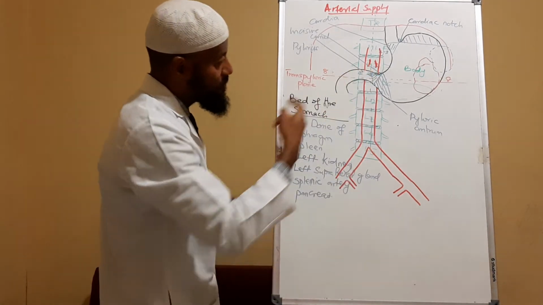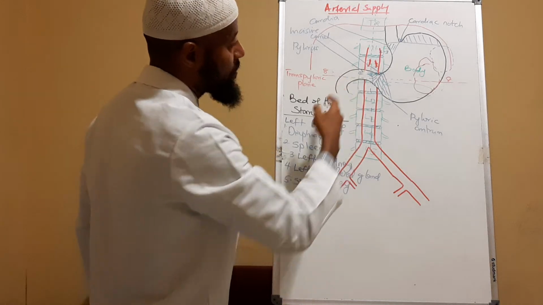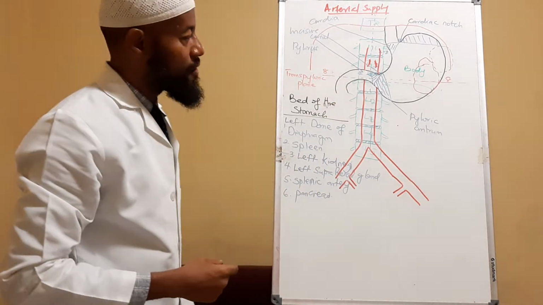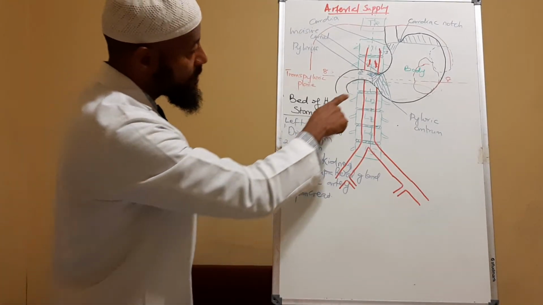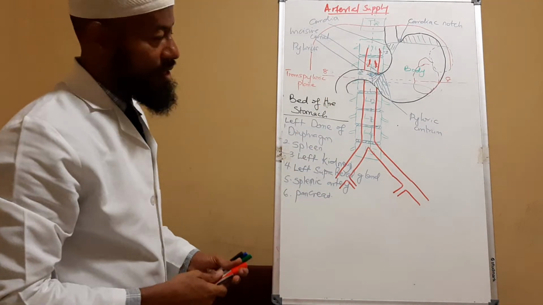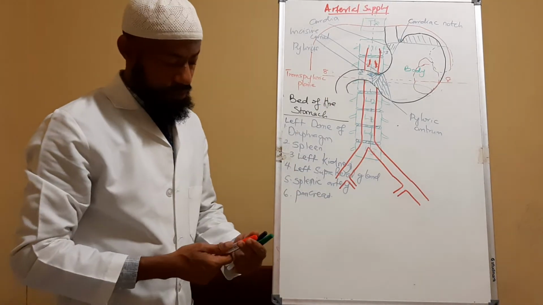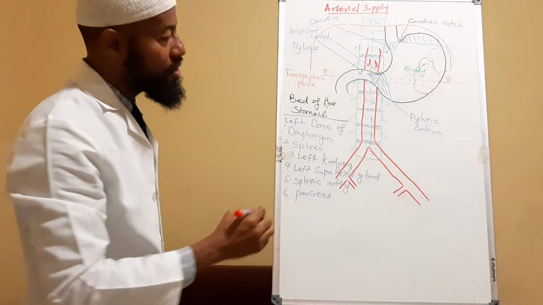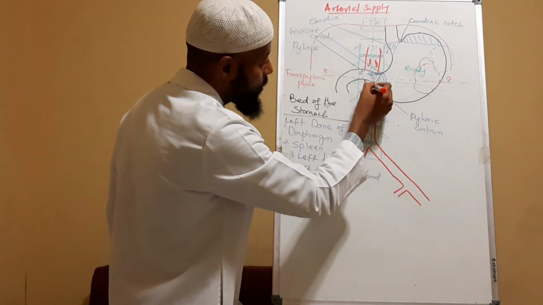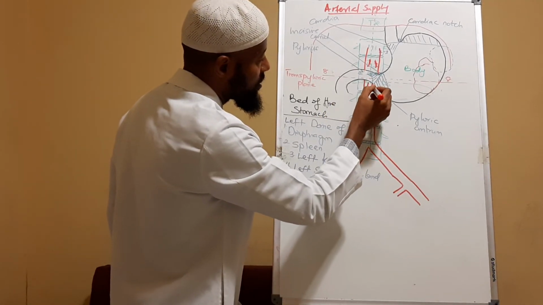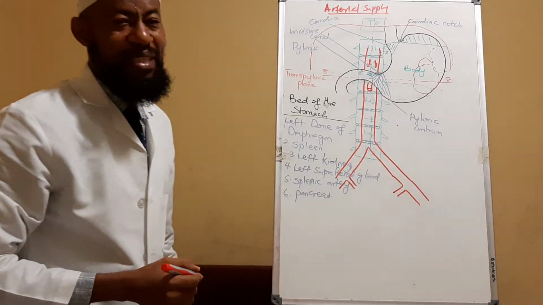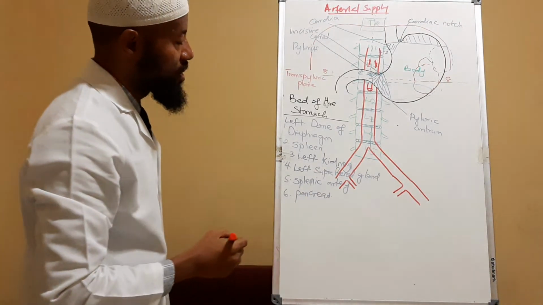Now here you have your celiac trunk at the level of T12. And at the level of L1, you have your superior mesenteric artery.